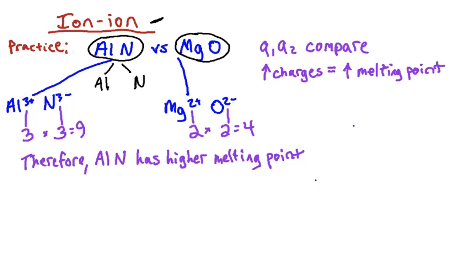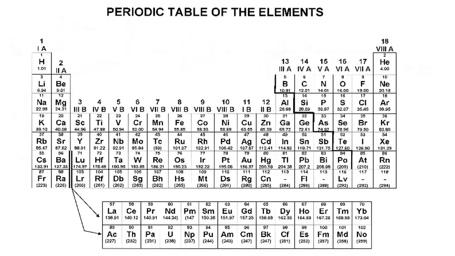And if we look on the periodic table, aluminum is over here. So aluminum would be the metal, and nitrogen would be right here. So nitrogen would be the nonmetal.